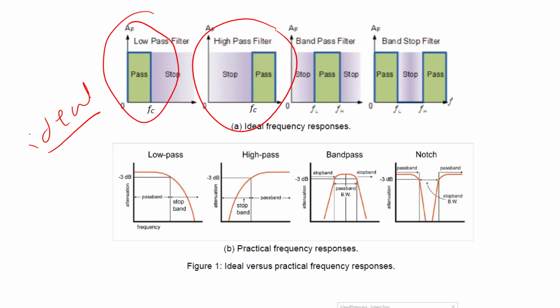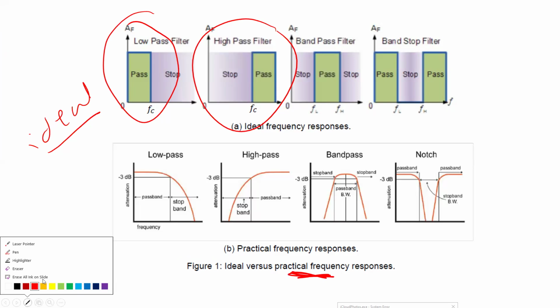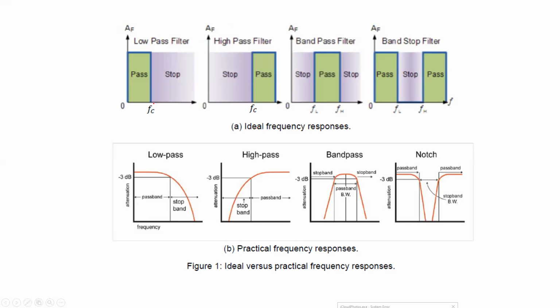However, for practical circuits, it doesn't look like that. What happens practically is, as you see here, it's not going to be sharp at FC, but we're going to have a curve this way.